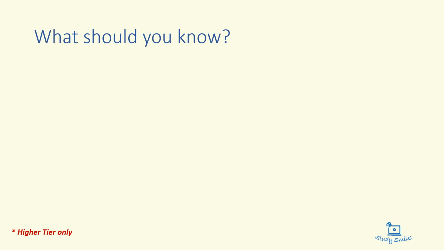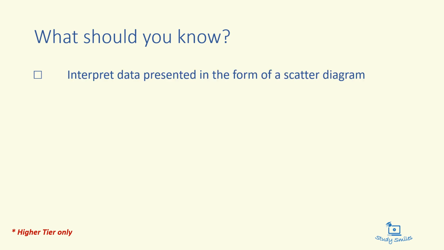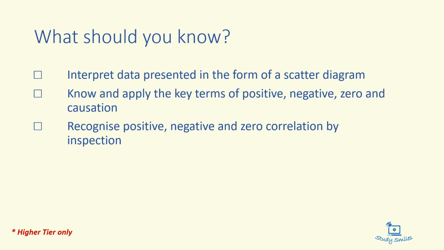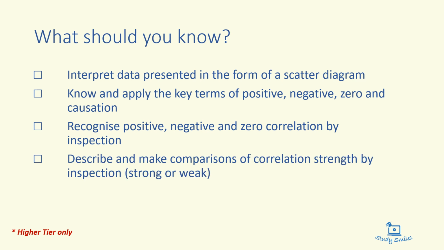In terms of what you need to know in relation to correlation and causality, you need to be able to interpret data presented in the form of a scatter diagram. You need to know and apply the key terms of positive, negative, zero, and causation. To recognise positive, negative, and zero correlation by inspection.